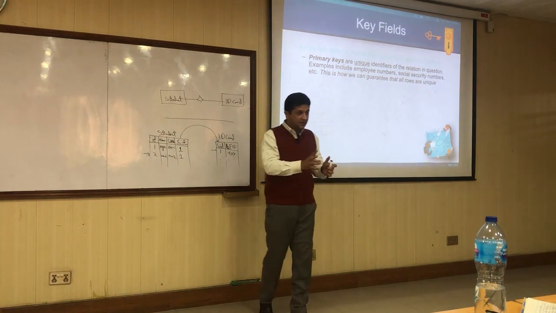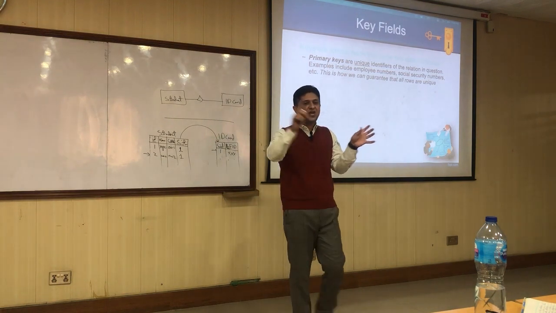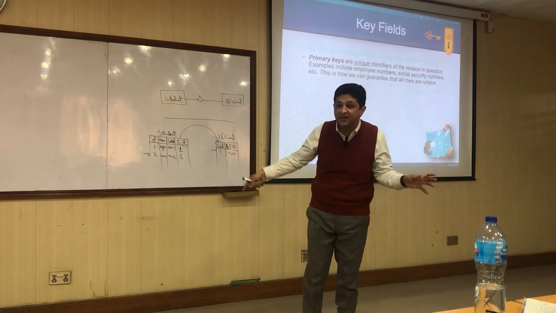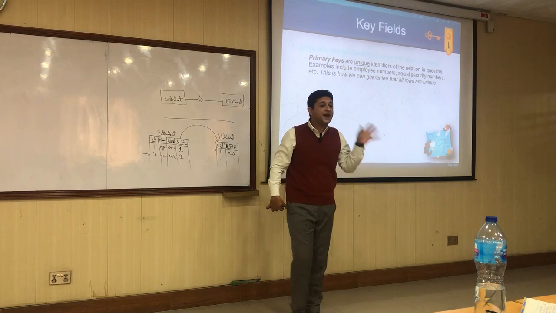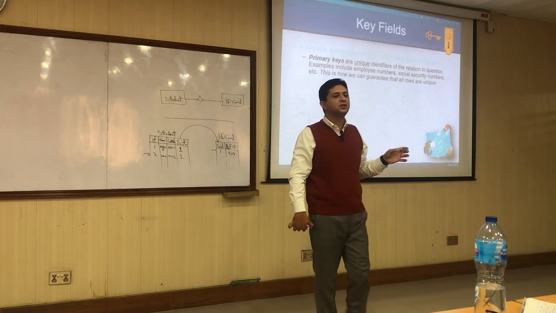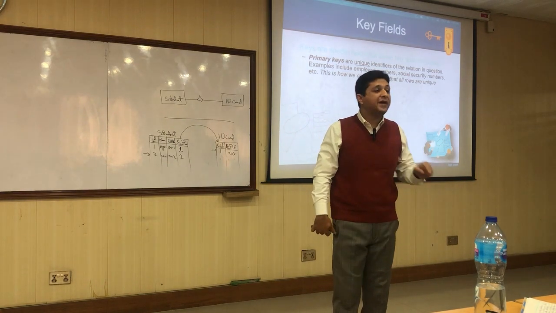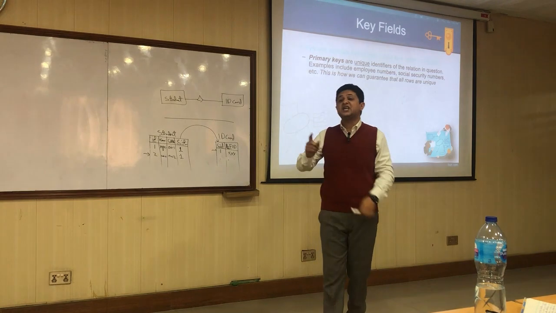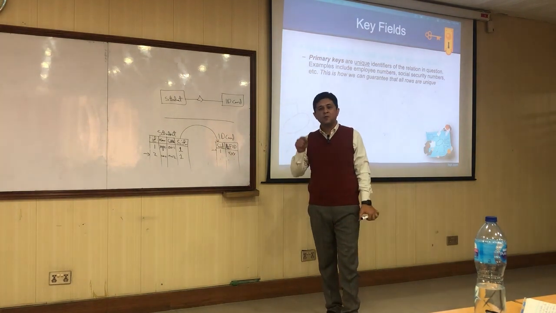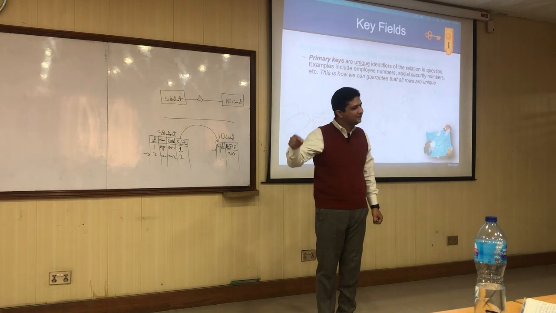So if we create a foreign key in a relation and connect that foreign key with another relation's primary key, it would represent the relationship type between those two relations. So in the relational model, the relationships are accommodated with the help of a foreign key and a primary key.